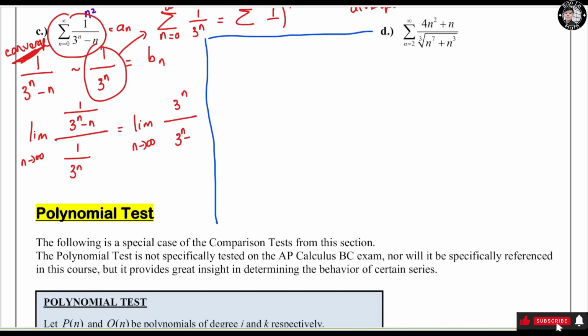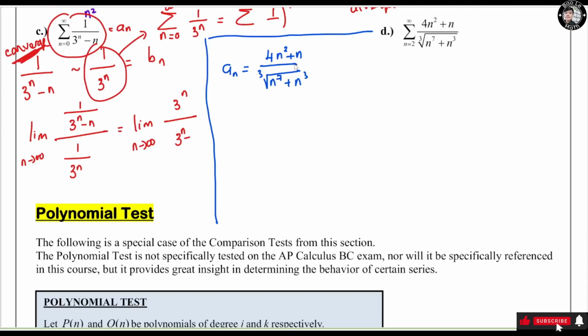Now let's move on to question D. So we have a sub n equals 4n squared plus n over the cube root of n to the 7 plus n cubed.